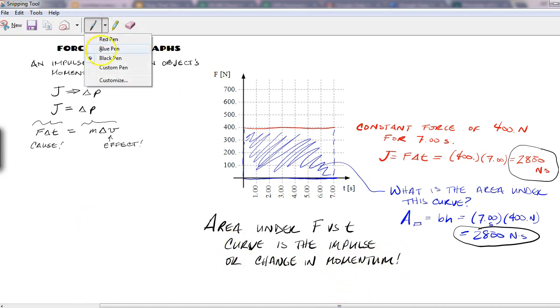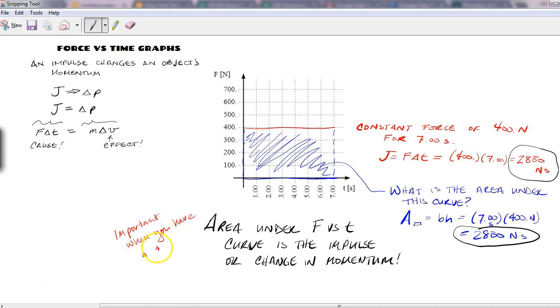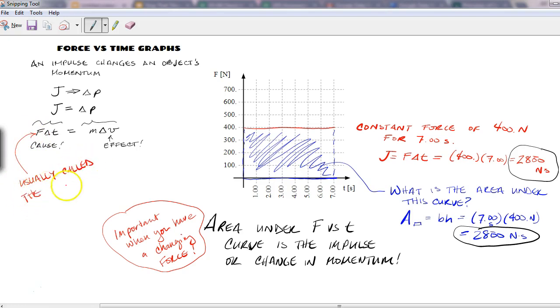The key point here is the area under the force versus time curve is the impulse, or the change in momentum. It becomes especially important to remember that when you're dealing with a changing force, because if the force is changing, then sometimes it's hard to figure out what the average force is. And so you have to use the graph as the thing that guides your work.